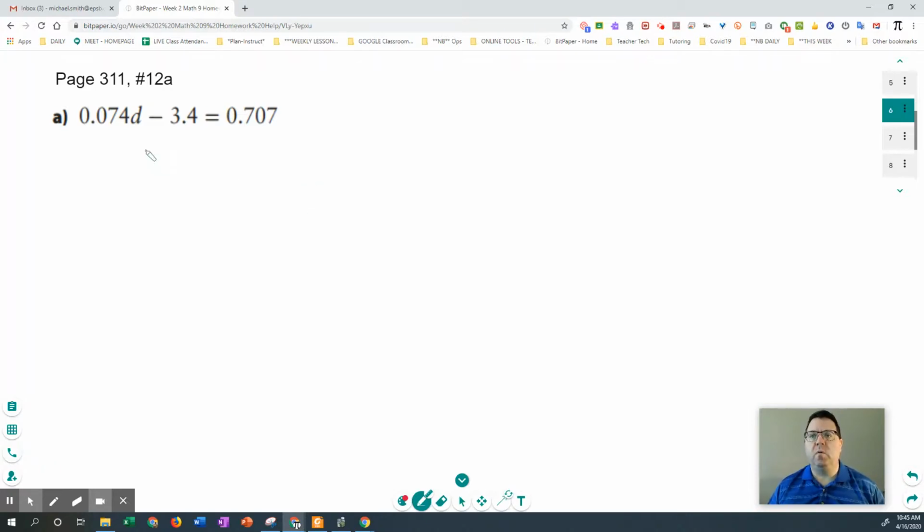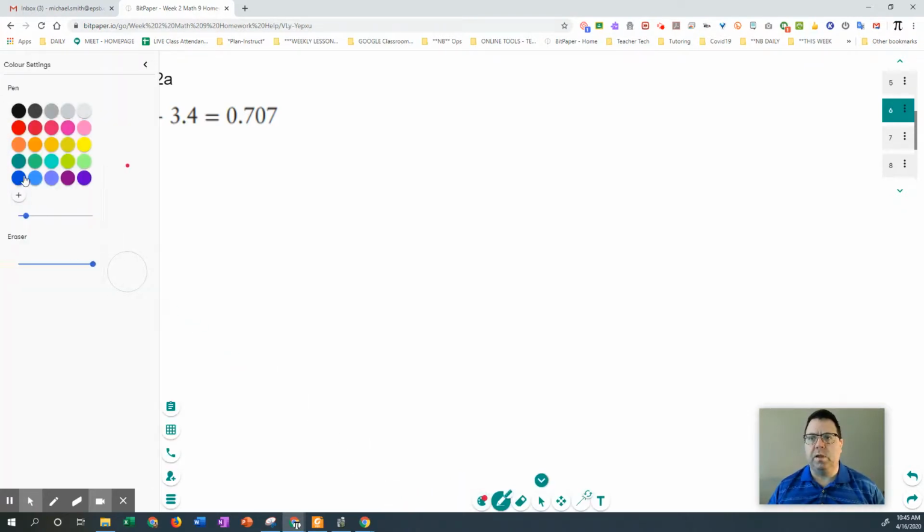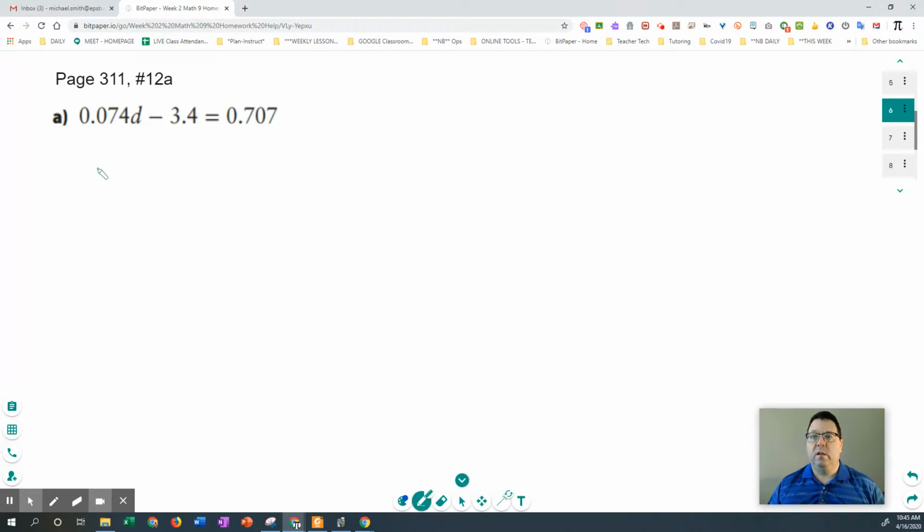Okay, the last one for the practice questions is from page 11, number 12A. I'm just going to switch back to blue. In comparison to the last three, maybe you'll find this one a little bit straightforward, although some students get a little wigged out because they see 0.074, a relatively small number. But guess what?